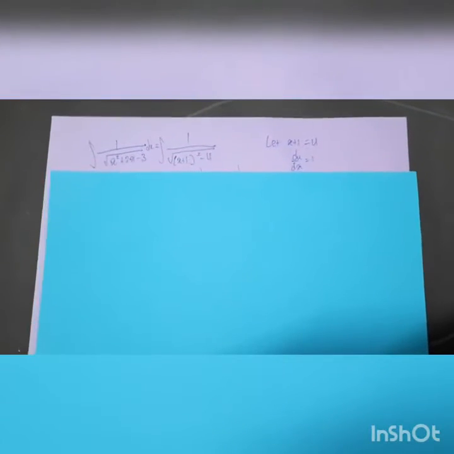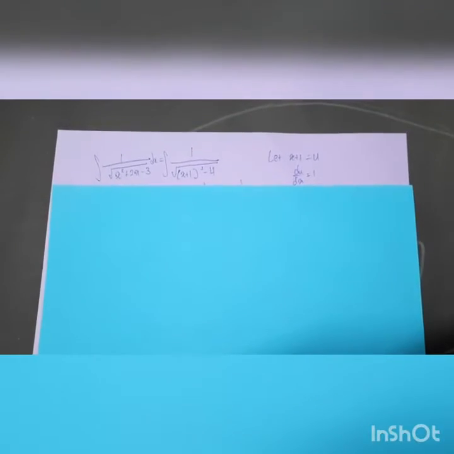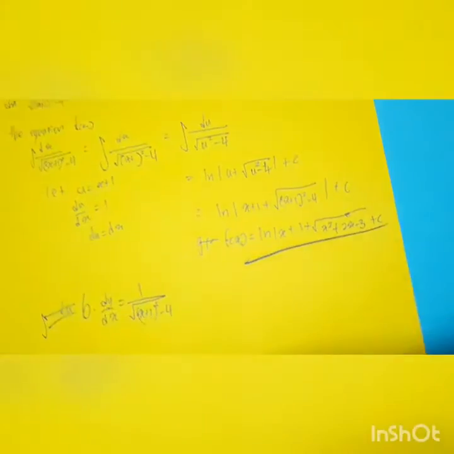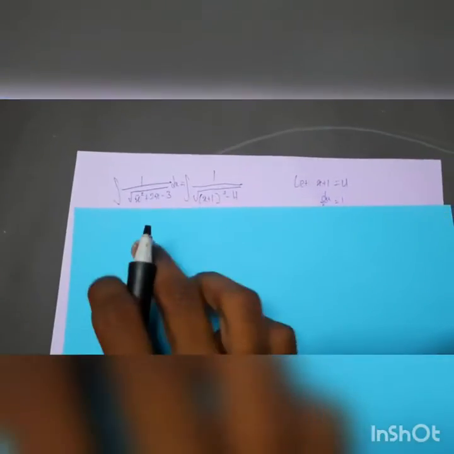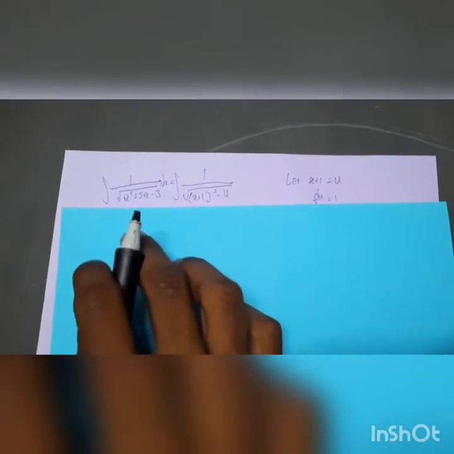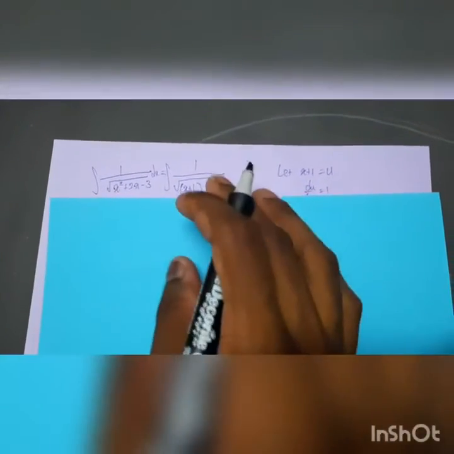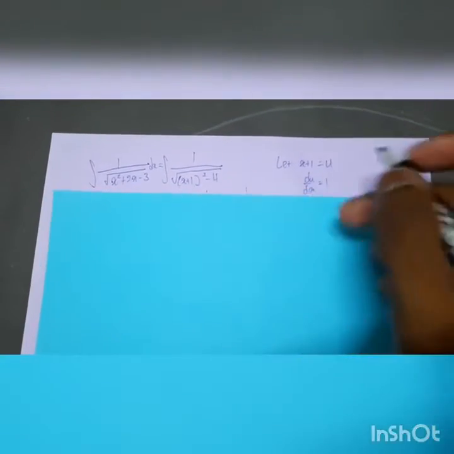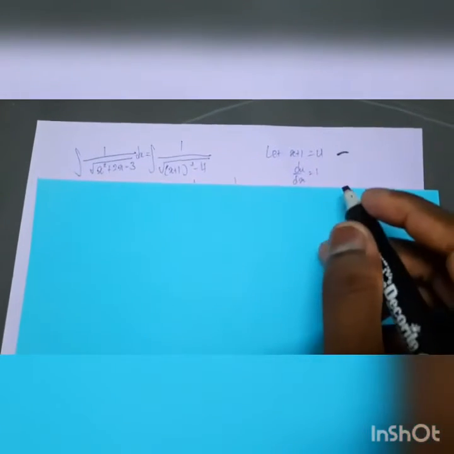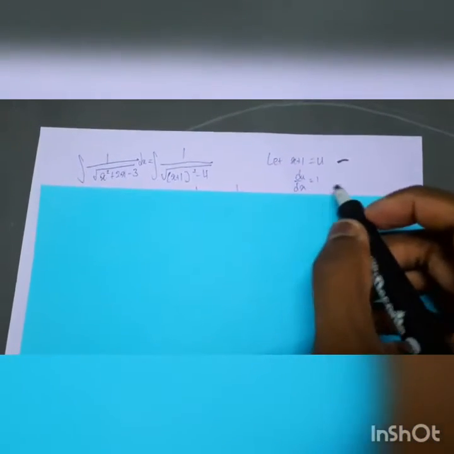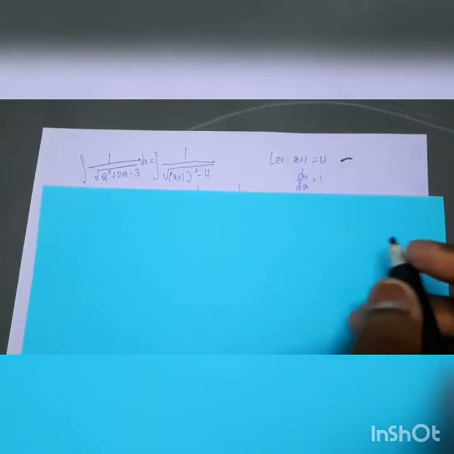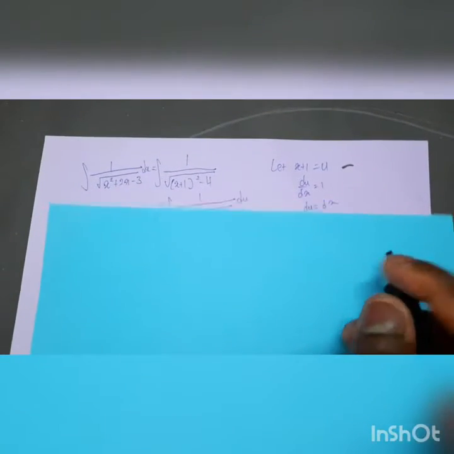Okay, I'll be explaining the long method, which should give us the same answer as this. So right now when we're going to integrate 1 over square root of x squared plus 2x minus 3, we're going to let x plus 1 equal u, and du over dx equals 1. This is integration by substitution.